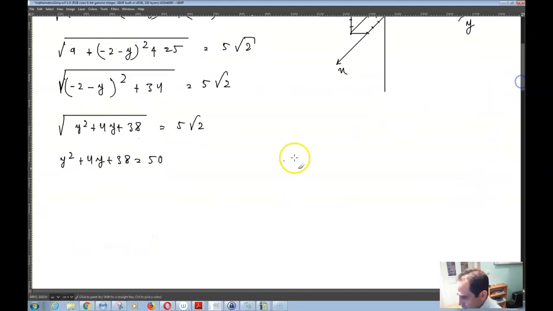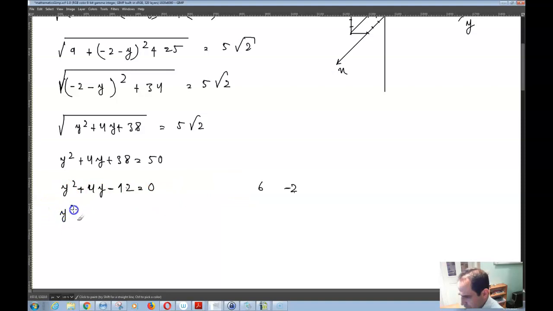And now we have this equation that we can solve. 50 minus 38 is equal to 12. So that's y squared plus 4y minus 12 is equal to 0. Now 12 is the same thing as 6 times 2. If I take 6 and negative 2, 6 times negative 2 is negative 12, and 6 minus 2 is equal to 4.